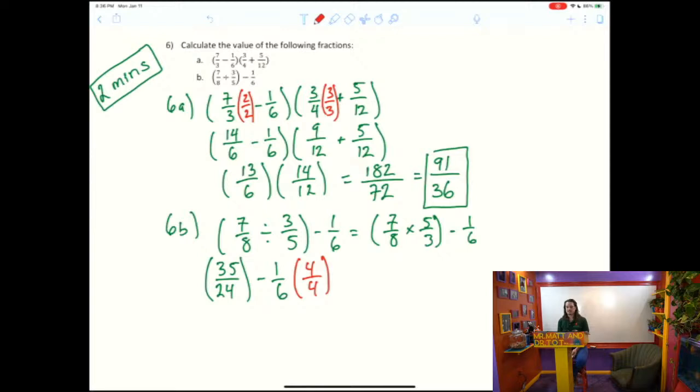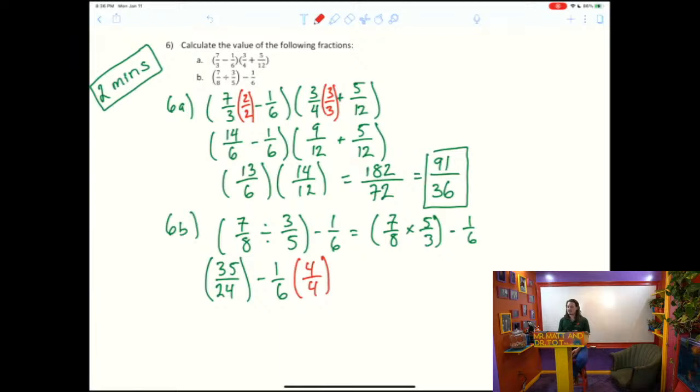And then 13/6 times 14/12 will give me 182 over 72, which will simplify because both the numerator and denominator are divisible by 2, so that'll simplify into 91 over 36.